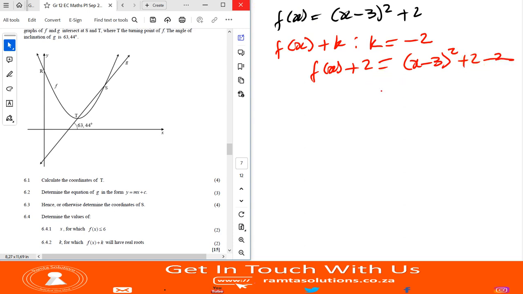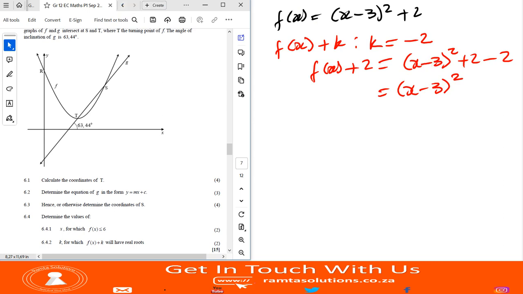What is this? It's 2 minus 2, so it will be (x − 3)². Do you see? This is where the roots are equal. Now let me take a value less than minus 2.